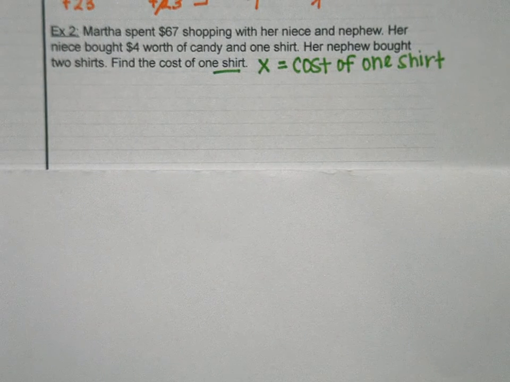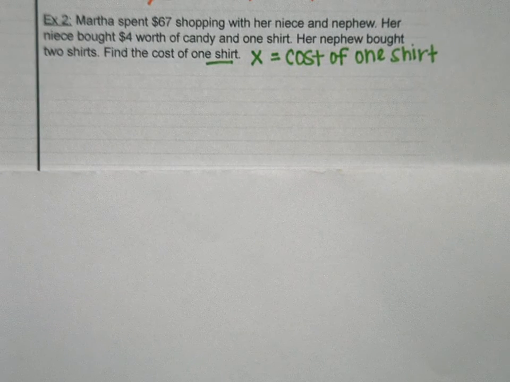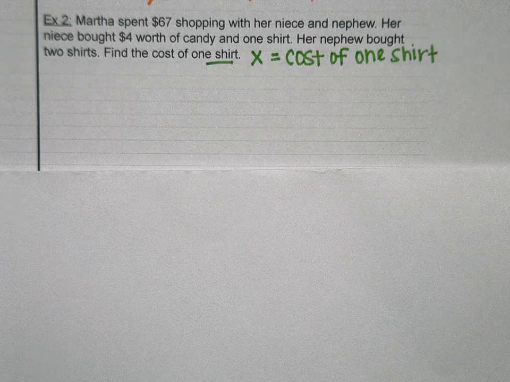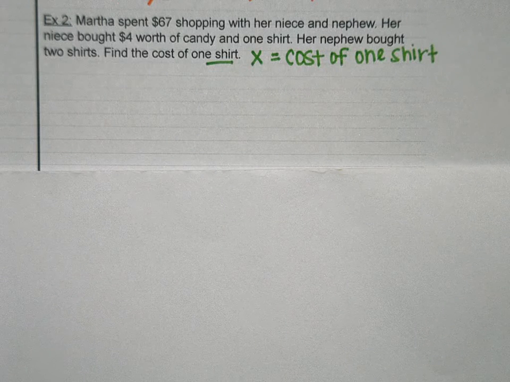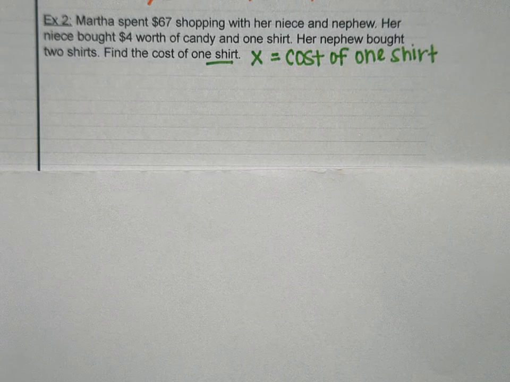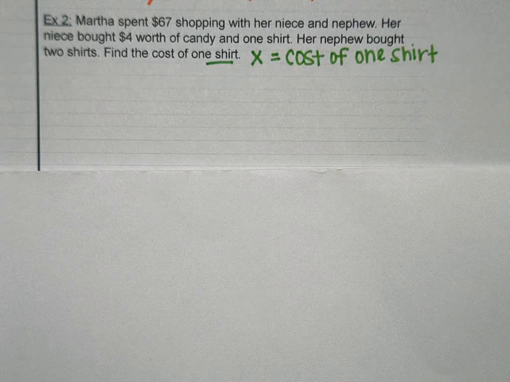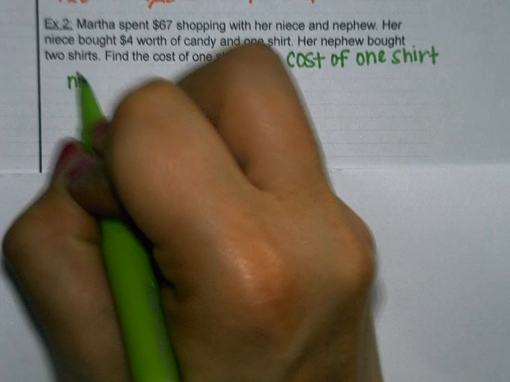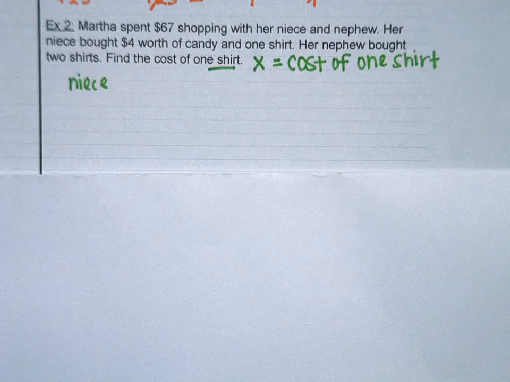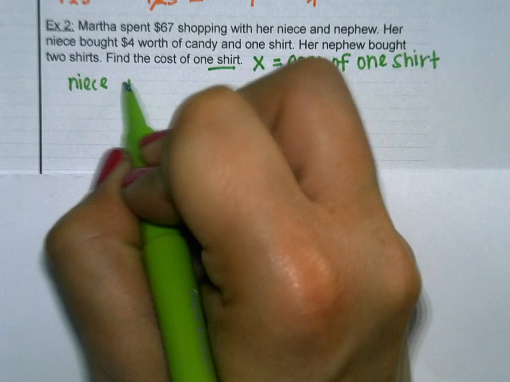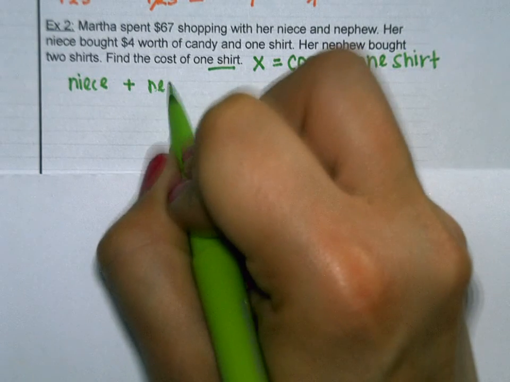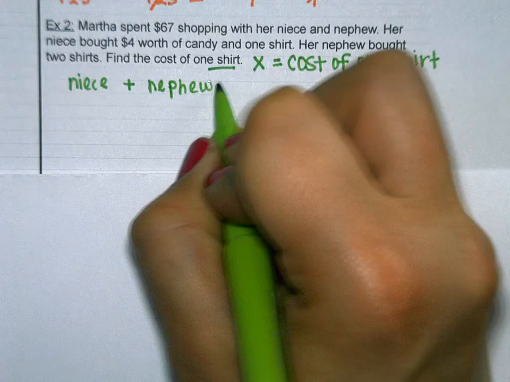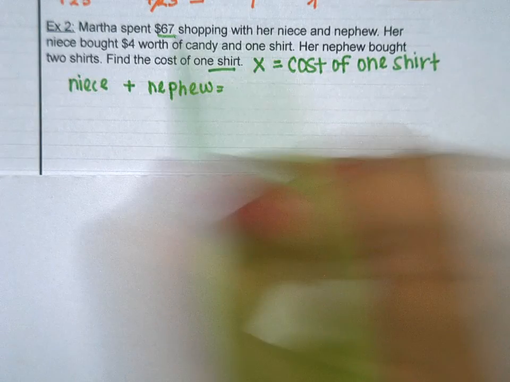And now we're going to write an equation for all of this. So we need to write an expression that represents the niece, and then we need to represent an expression that represents the nephew. So I'm going to write an expression that represents the niece, and when I add that to how much the nephew spent, it all came out to $67.